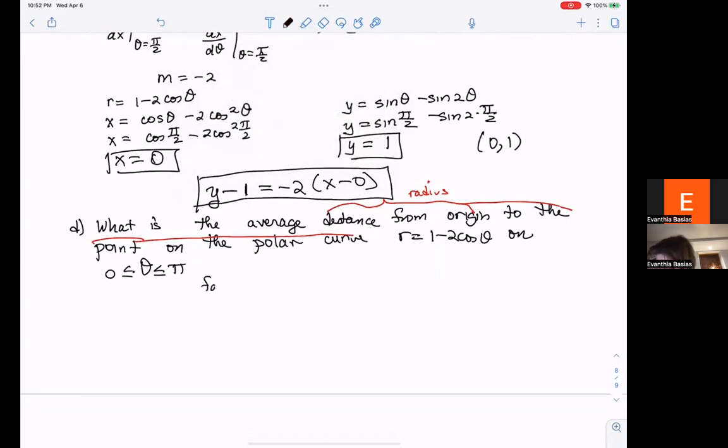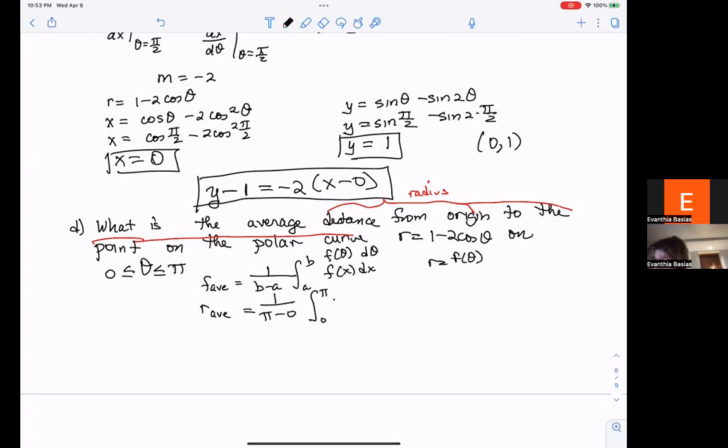So the average value of a function on an interval is 1 over b minus a times the definite integral from a to b of the function. So in the polar world, the average radius would be 1 over pi minus 0, the integral from 0 to pi of f of theta, which is r, d theta. So r is 1 minus 2 cos theta d theta.